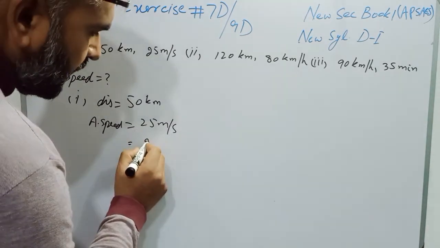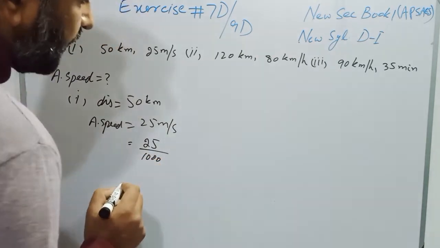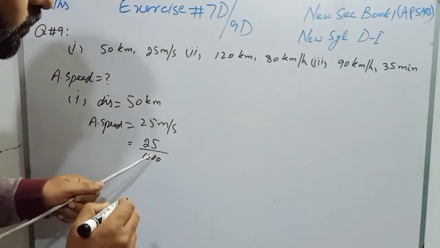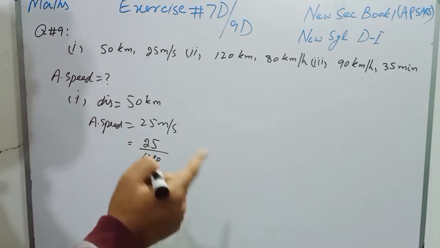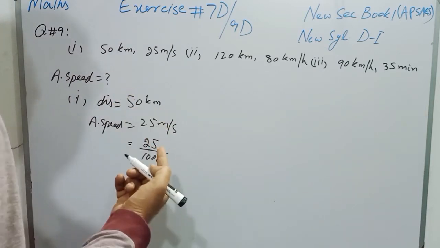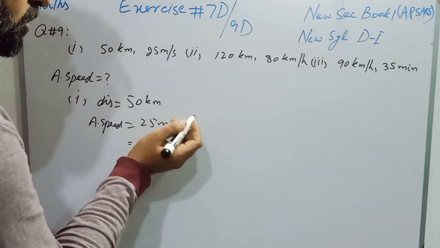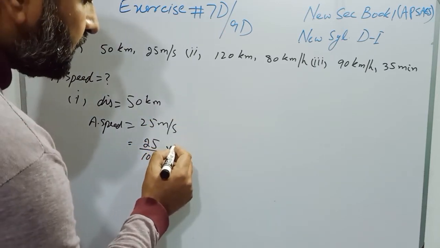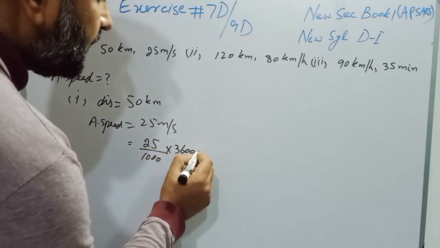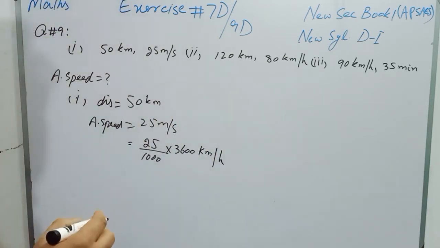So it is written as 25 over 1000, then the meters will be converted into kilometer, and when we divide second with 3600, then it will become hour. So it is denominator. So when we divide denominator, it will become numerator, multiply by 3600, and the unit will be kilometer per hour.